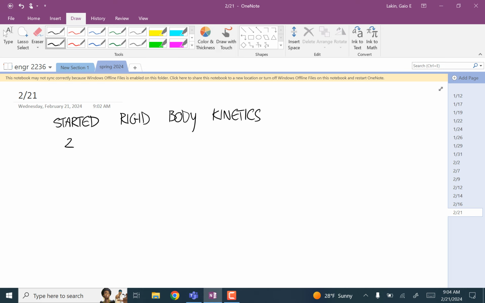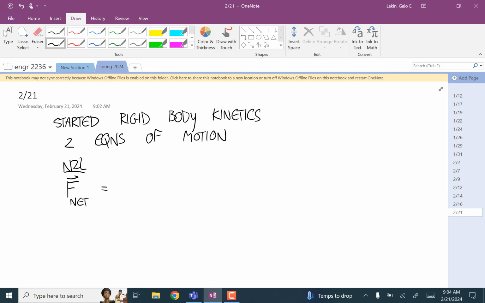And there are two main equations of motion. They're both vector equations. The first one is Newton's second law. So tell me what that says. If you take all of the external forces acting on your chosen body, we'll call that F net.